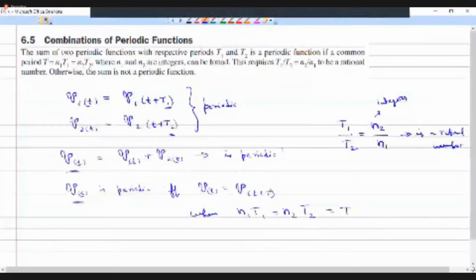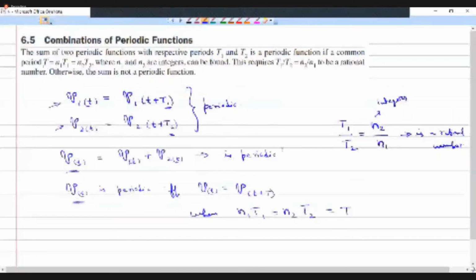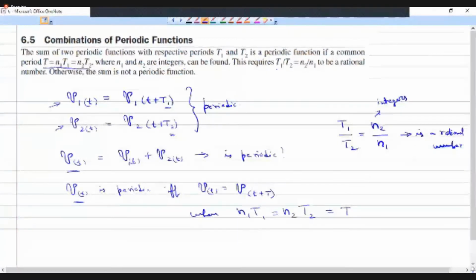So the sum of two periodic functions with periods T1 and T2 is a periodic function if a common period T, equal to n1 T1 and equal to n2 T2, where n1 and n2 are integers, can be found. In other words, the ratio of T1 by T2 will be a ratio of two integers, which means it is a rational number. Otherwise, the sum is not a periodic function.